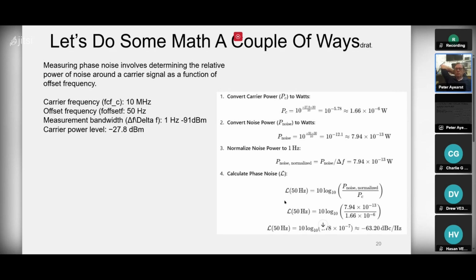The figure used was 10 megahertz at a 50 hertz offset, with the measurement bandwidth and a carrier power of minus 27.8. You do all that math highlighted on the right, and you come up with minus 63.2 dBc per hertz. So I thought, okay, that's an interesting thing to do.